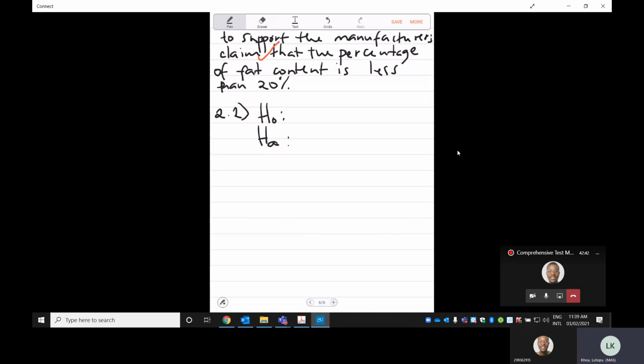Now the H0 always says there's no relationship. So the H0 is always no, they're independent, there is no relationship. So when you're writing this, please write the full word. There is no relationship between gender and favorite color.